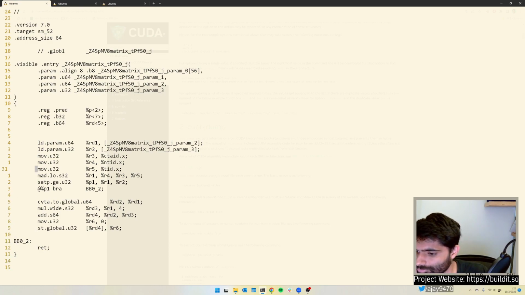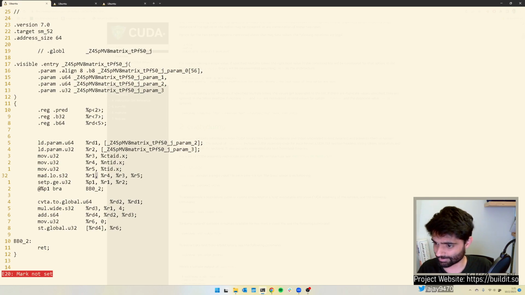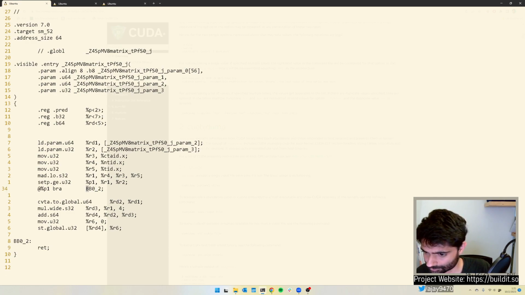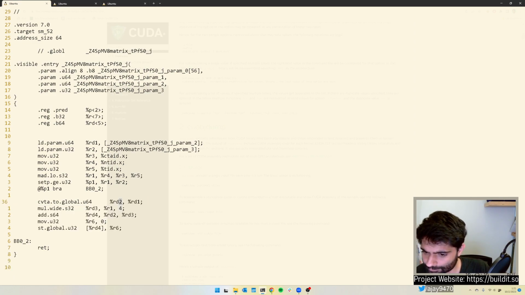Okay, so this is easier. We have the register moves for reading the thread ID, then this computes the multiply and add to get the thread ID. There's a branch to check if it is less than parameter 1. If not, it goes to the exit block, that's fine. There's a store at the end, which I'm confused about. Yeah, this is the store that we want, right?